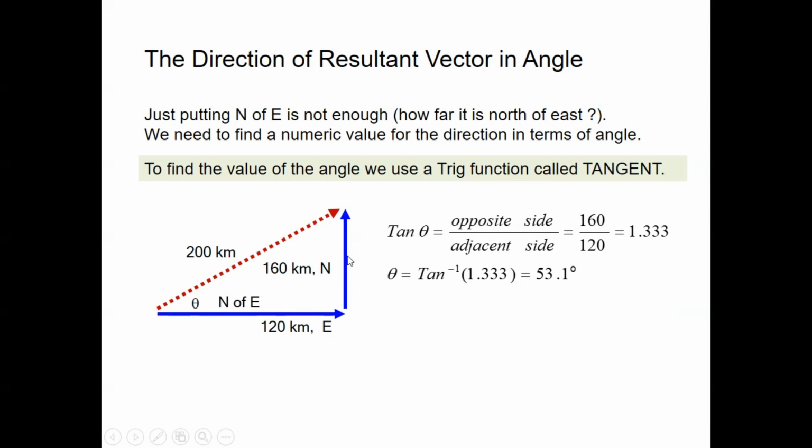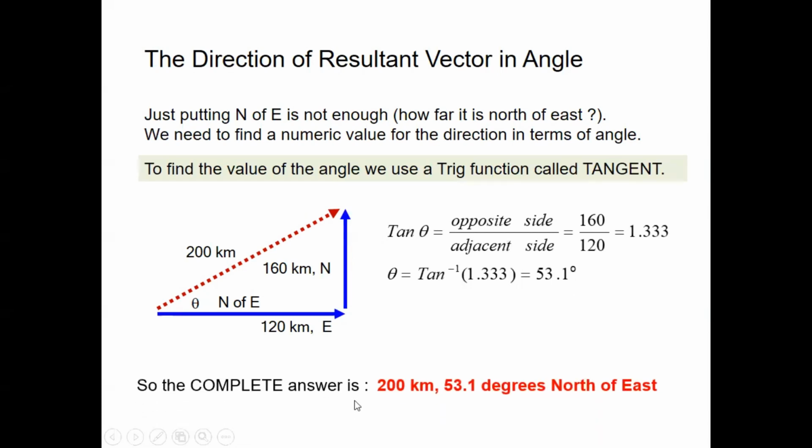And here the perpendicular is 160 and the other is 120, and therefore we get the ratio of 1.333, and the tangent inverse of this numerical value in terms of degrees is 53.1 degrees. Therefore, the complete answer is that the magnitude of this vector is 200 kilometers and 53.1 degrees north of east.